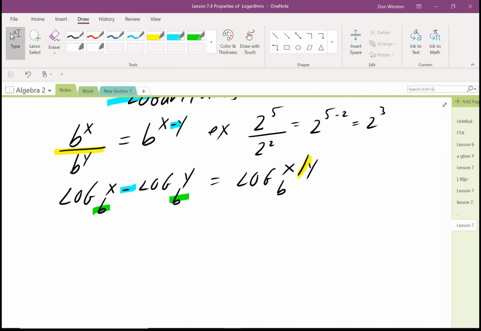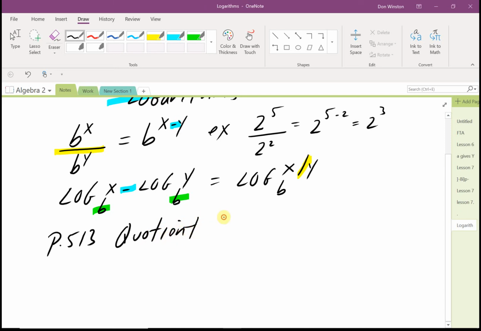So we have this rule on page 513 called the quotient property of logarithms.